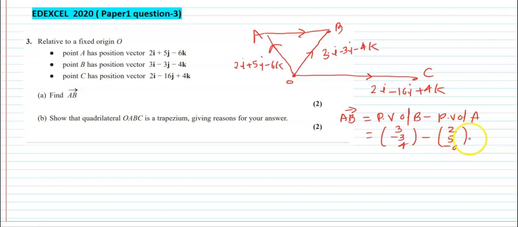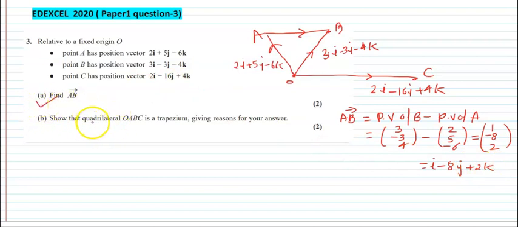If you simplify, 3 take away 2 is 1, so it should be 1, minus 8 and 2. So you can write this as i minus 8j plus 2k. This is your first part, find AB.